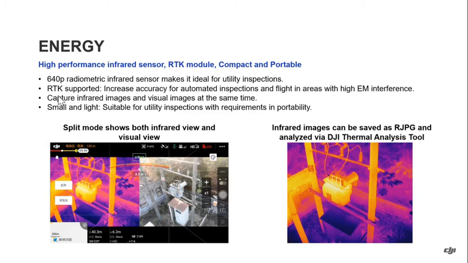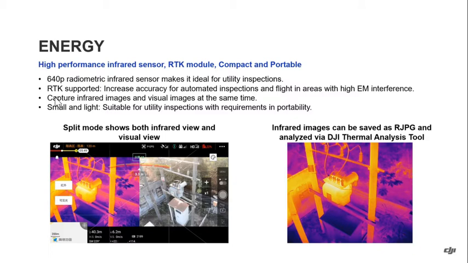And with the support of the RTK module, we can now increase the accuracy when doing automated inspection. And with the RTK module, we could make it stronger against high electromagnetic interference. This is very important in inspection missions when we are using drones in power line grid inspection.